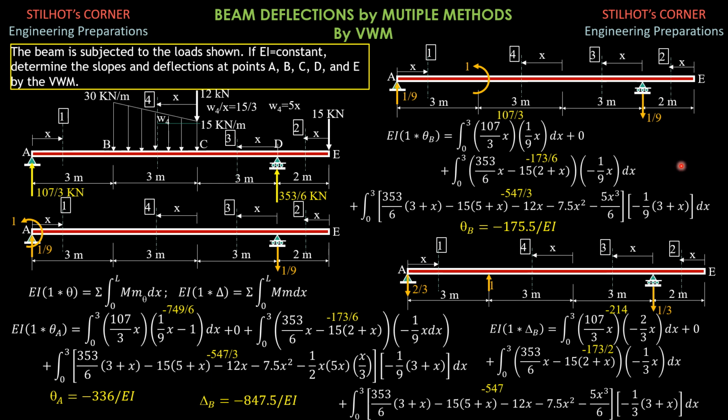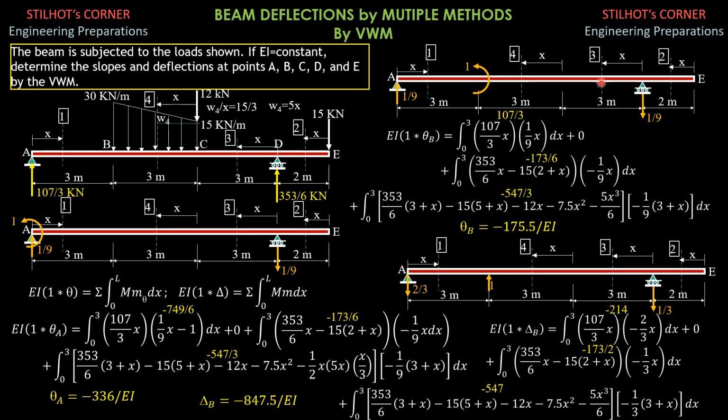Then reaction downward times 9 equals 1, so that's why this is 1 over 9 also, or you sum up forces vertical. So EI times 1 times theta B equals the moment at this section, you just copy the big N before, then due to the unit load, the moment at this section is still 1 over 9 times x. The integral of the second section is still 0 because there's no moment here due to the unit load.